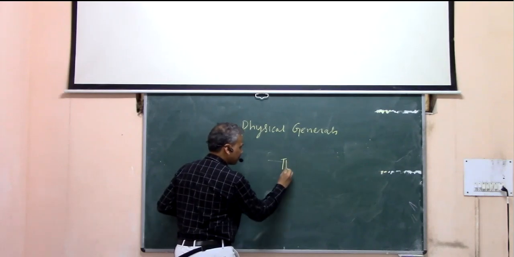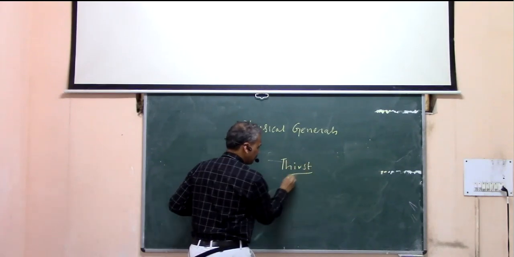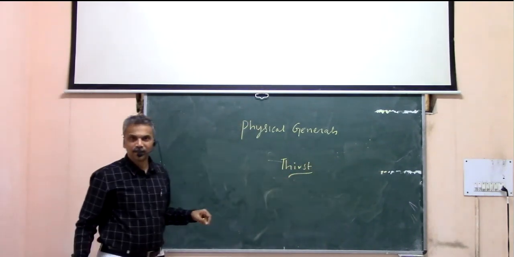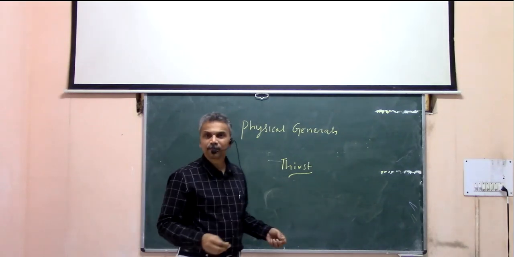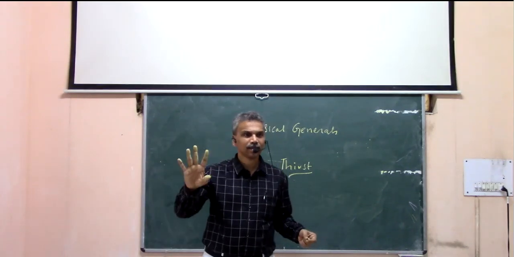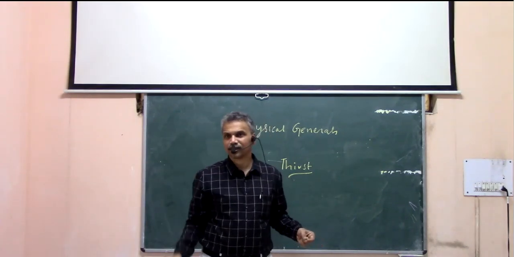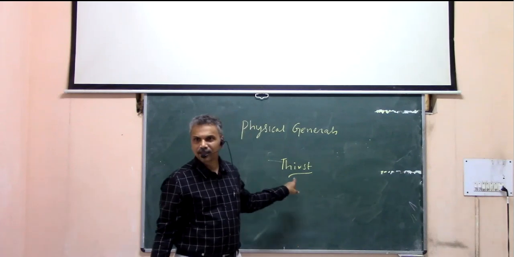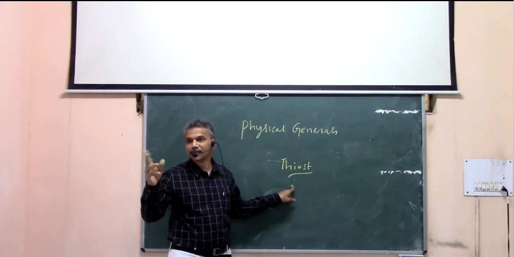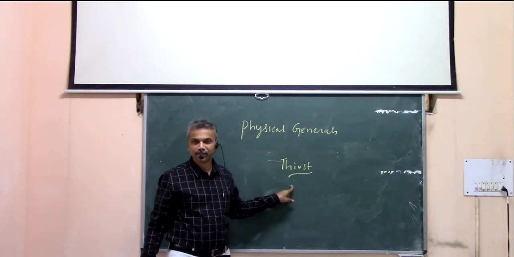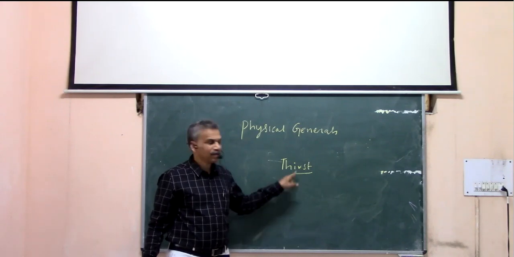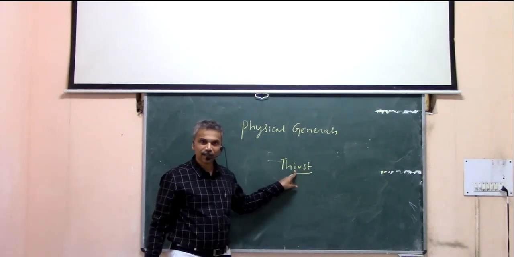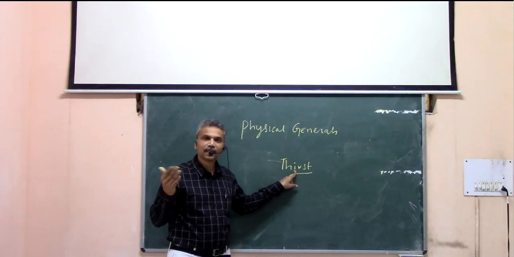The thirst. Quick inputs from your end. Among noble metals, which are thirsty and which are thirstless? Aurum is thirsty. Platina is thirstless. Okay? We are talking about aurum being thirsty and platina being thirstless.